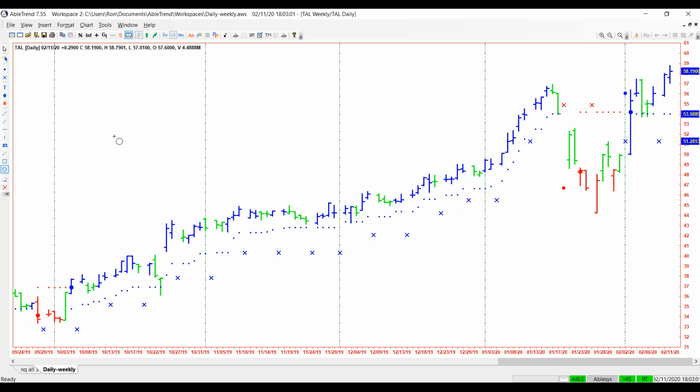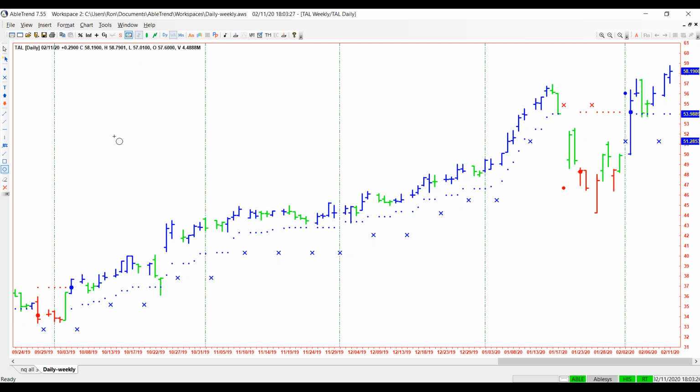Now, we always use 2 time frames combined into one chart. In fact, for the E-minis, for intraday trading, because of the many up and down moves, we use 3 time frames, a 1 minute, 2 minute, and a 3 minute. The reason multiple time frames work so well, which is what everybody likes so much about AbleTrend, is that it filters out false signals, and we have what's called no trade zones.